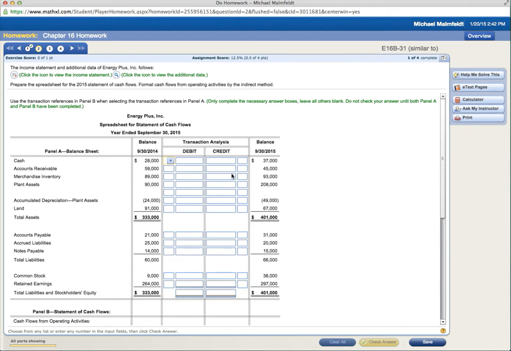Okay, so for instance, if I look at the balance here for cash, I see that the end of 2014 it was 28,000. The end of 2015 is going to be 37,000.